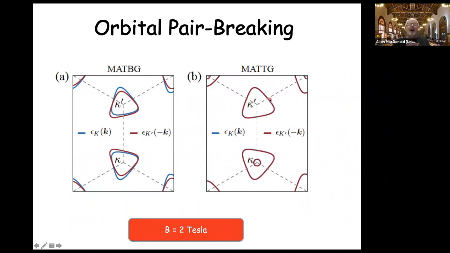But in trilayer graphene, one of the two effective layers is the middle layer, and the other layer is a linear combination of two layers whose vertical separations are opposite. So the average positions, if you like, of the two layers is the same.